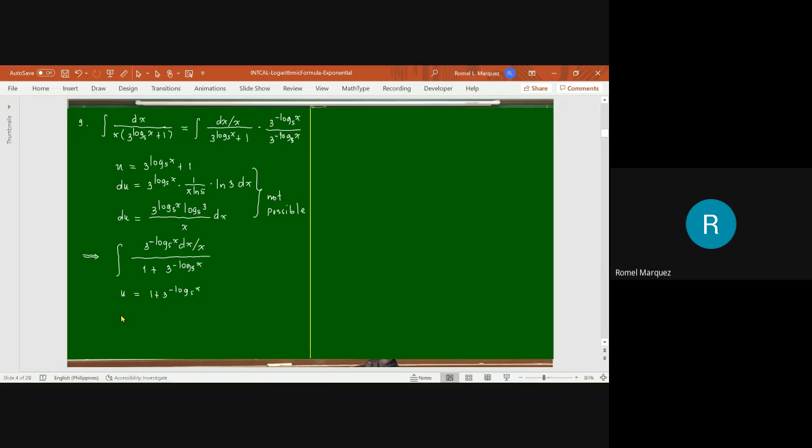Medyo bibilisan ko na kasi nakuha na natin ang derivative nito. The only difference is that it is negative na. So, anong mangyayari? Negative. Ang derivative na nito, kasi negative yung exponent eh. Kokopyahin lang natin, kagaya nito. 3, kaya lang negative. 3 to the negative log of x to the base 5.